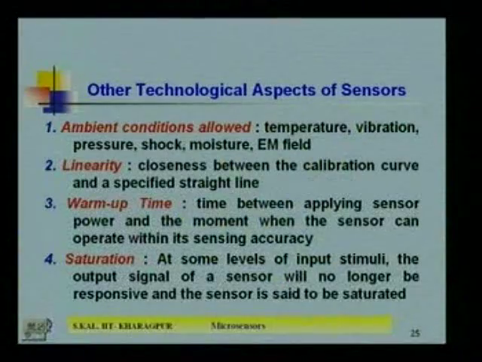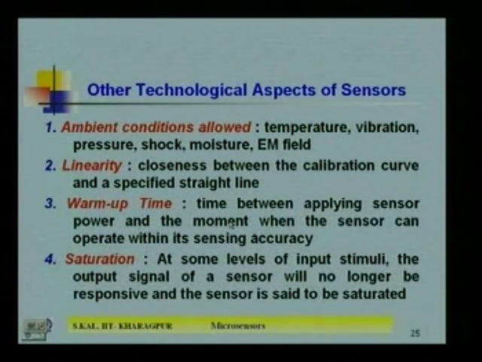That means the time between applying sensor power and the moment when the sensor can operate within its sensing accuracy is the warm up time. As soon as you switch on, you may get some output, but if it is fluctuating and not stable, we cannot consider that. It has to be stable and within the accuracy limit specified by the manufacturer, and then we count that time as the warm up time.